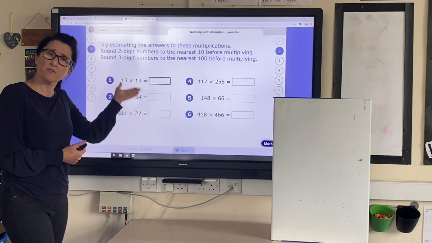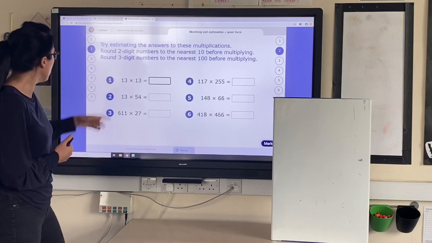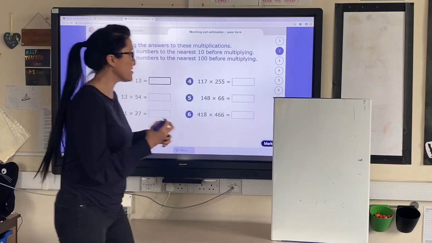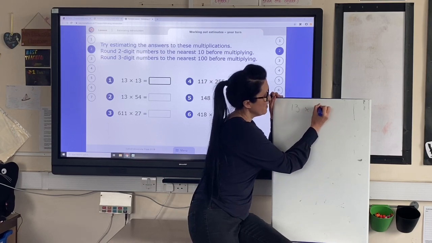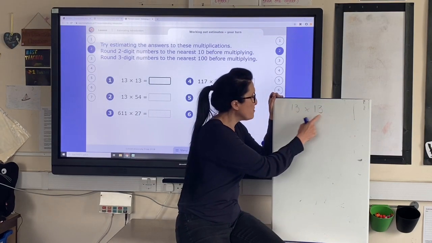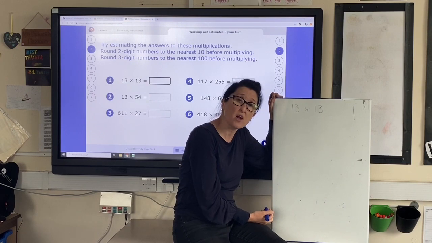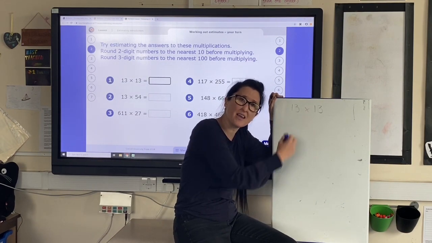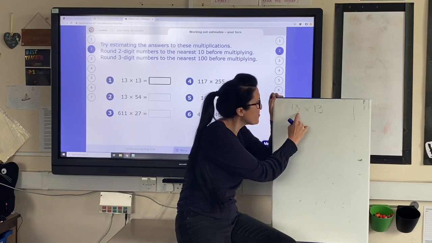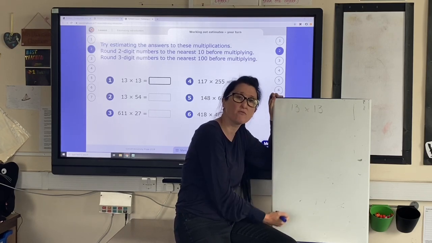So I'm just going to give you a couple of examples here. We'll look at number 1. So number 1 says 13 multiplied by 13. Okay, so I'm going to round, these are 2-digit numbers, so I'm going to round them to the nearest 10. 13 rounded to the nearest 10 is, well, it's a 3 here in the ones column, so that means I'm going to round down.